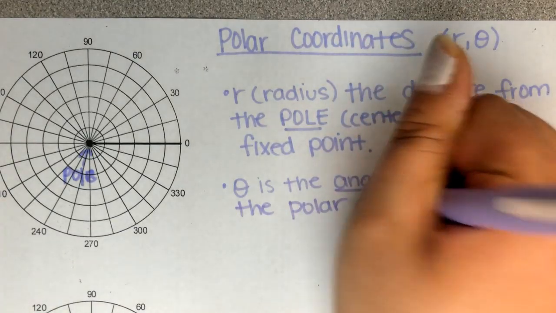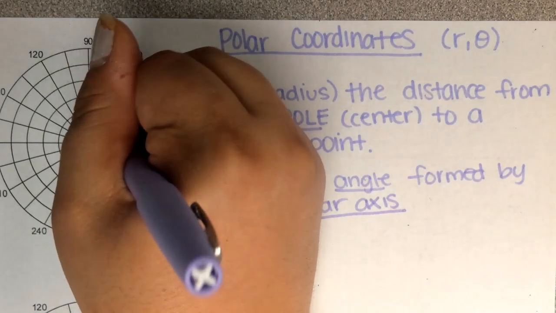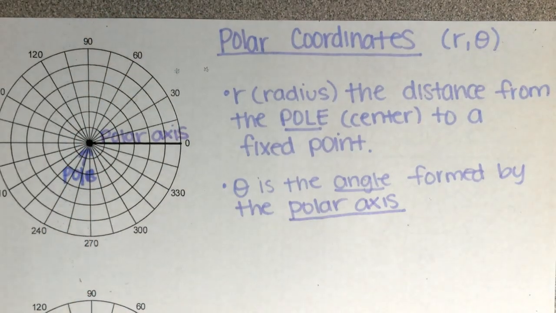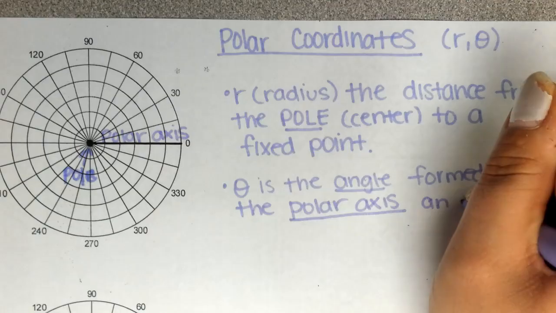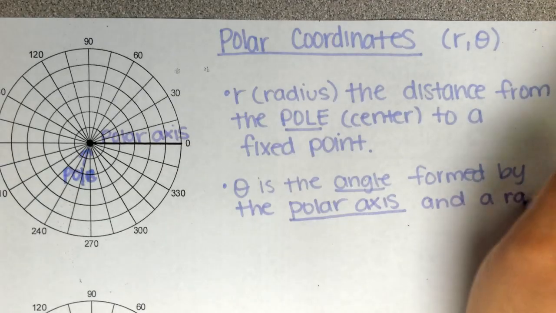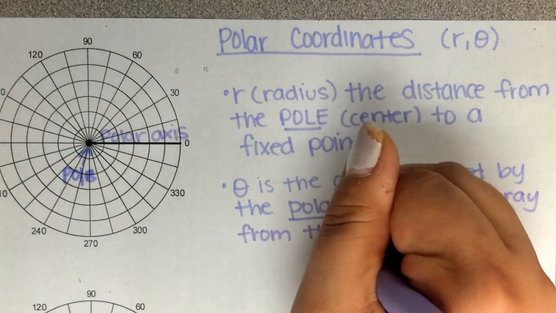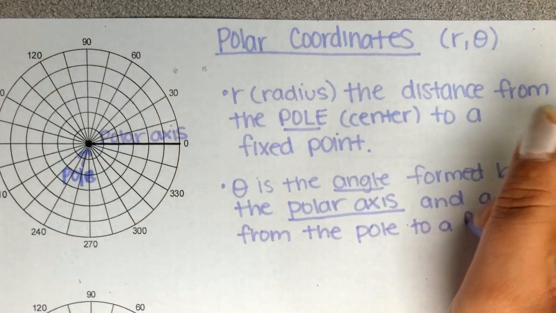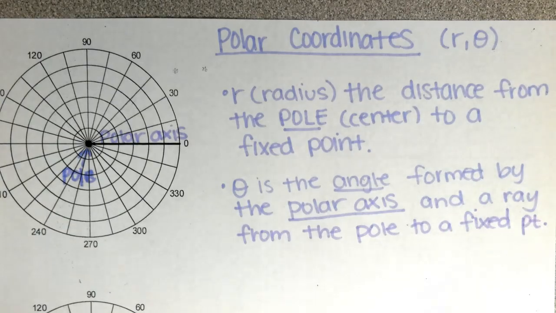Write this down, please. And your polar axis is what used to be our x-axis, or at least the positive side of the x-axis. So your polar axis is right there at 0. And a ray from the pole to a fixed point.